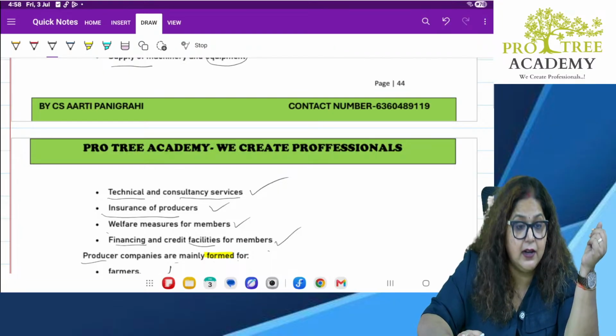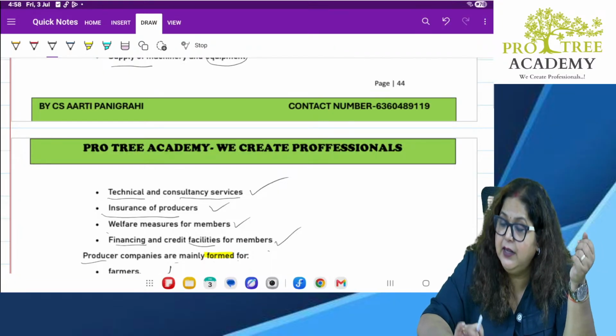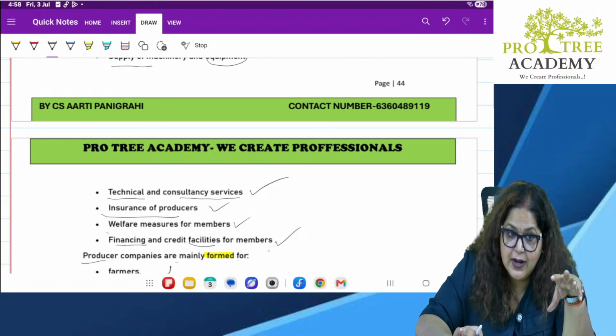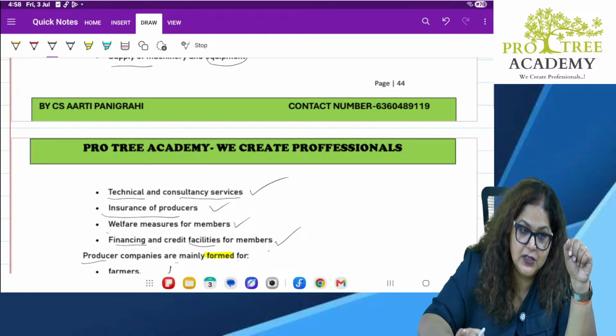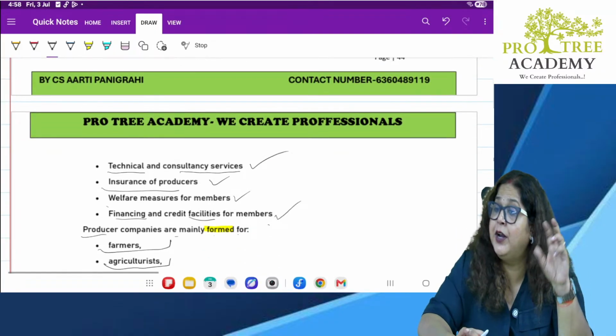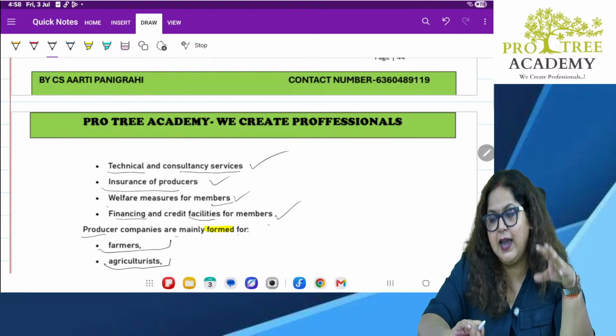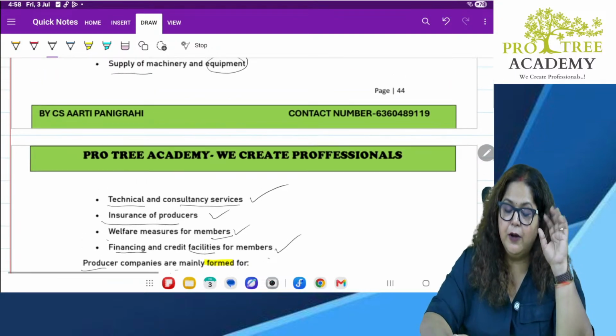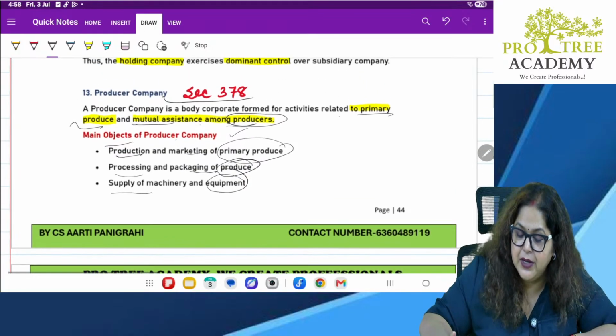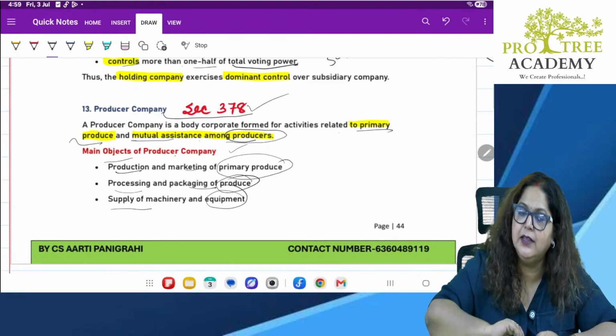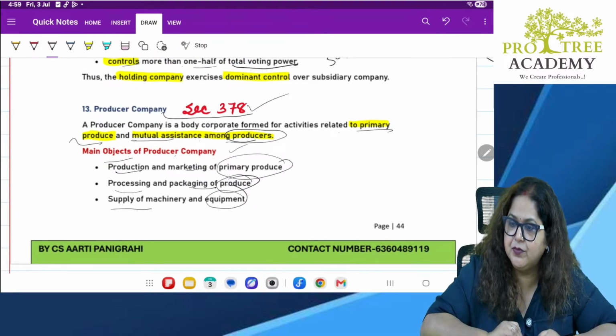If these producers need any technical services, all these things are covered under the purpose and object of this company. Insurance of producers, welfare measures for members, and financing and credit facilities for members. And this company is covered under section 378.